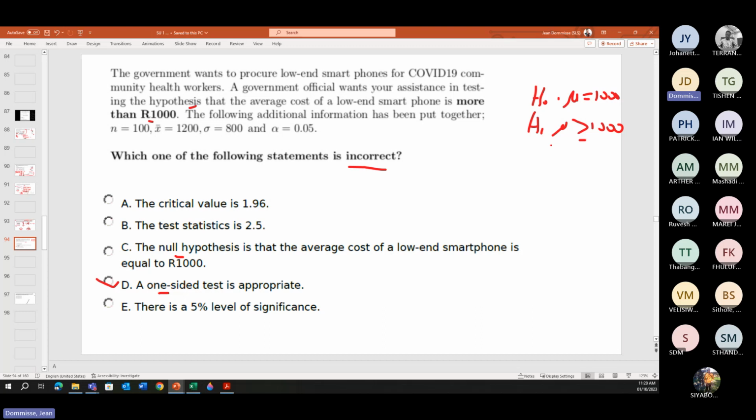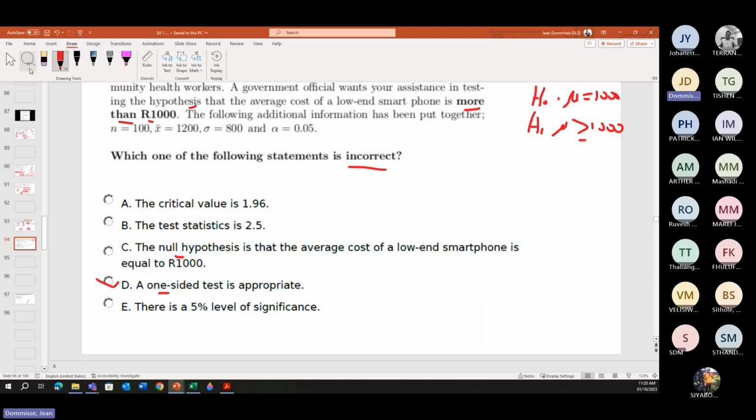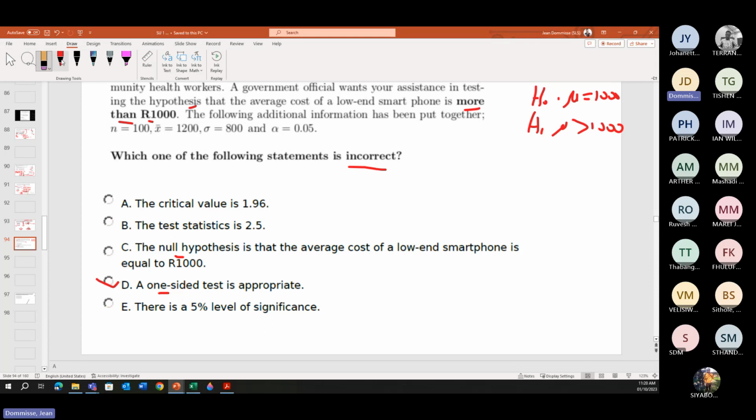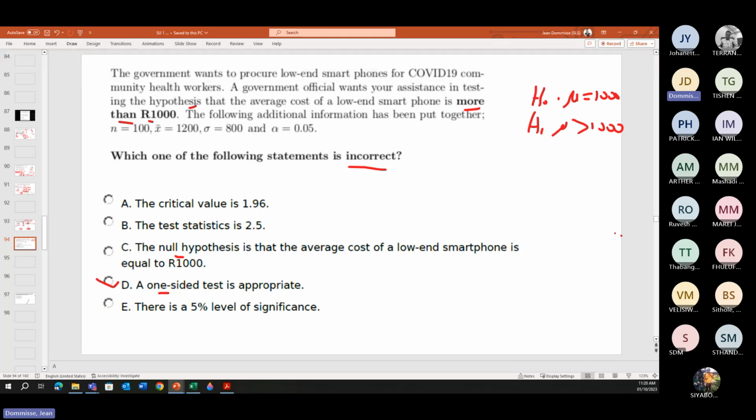We don't really need to know which side. Later on when we draw the graphs, we'll see it's the top end, so the upper side. So the words more than are very important. More than, smaller than, all of those show you the direction. The only time it is two-tail is when it's not equal to.